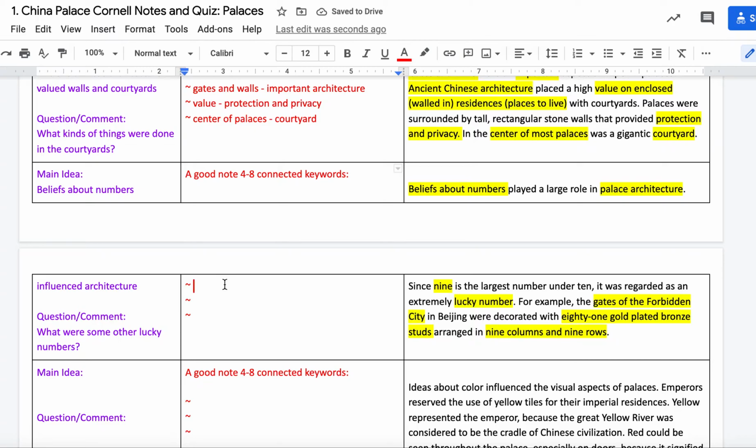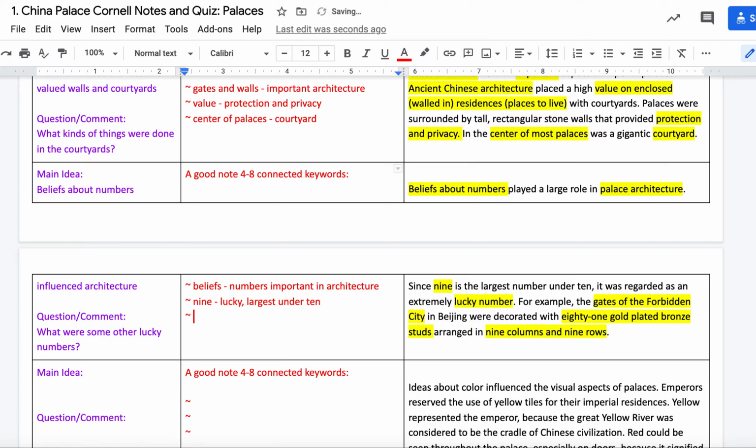And then I would say, so their beliefs were numbers important in architecture. 9 was lucky because it was the largest under 10.